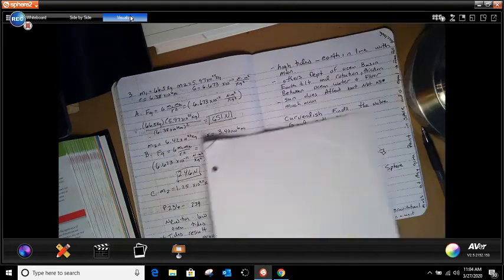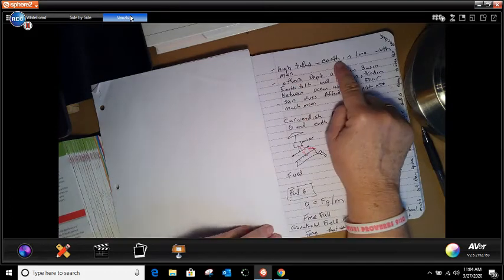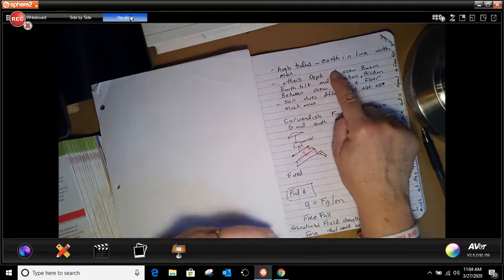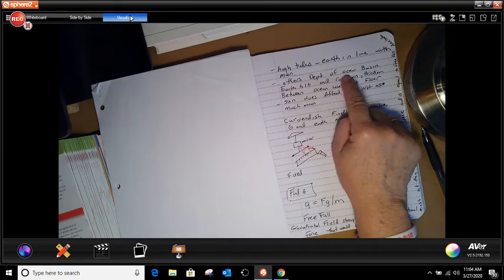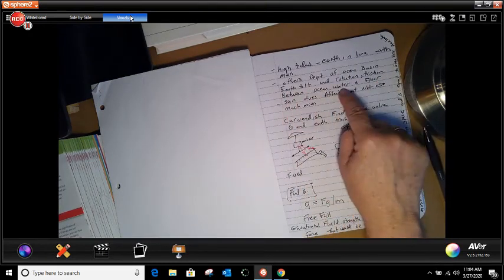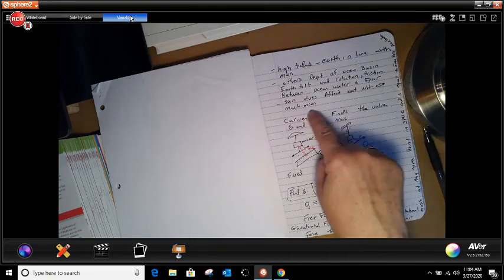And then if you want to talk about it, high tide is when the earth is lined up with the moon. Other factors affecting the tide are ocean basin, earth tilt and rotation, and friction between the ocean water and the floor. The sun does affect it, but not as much as the moon.